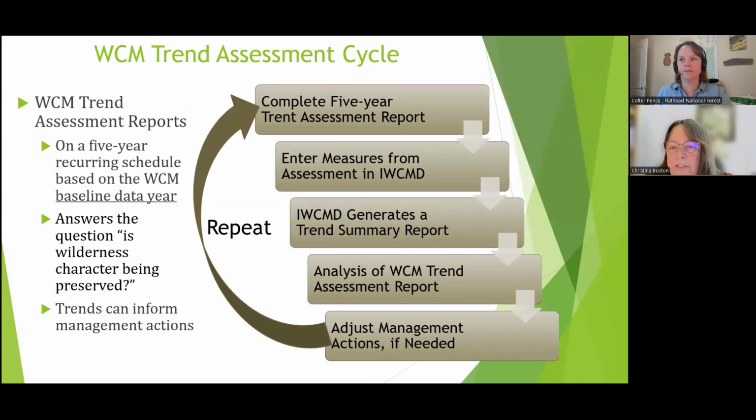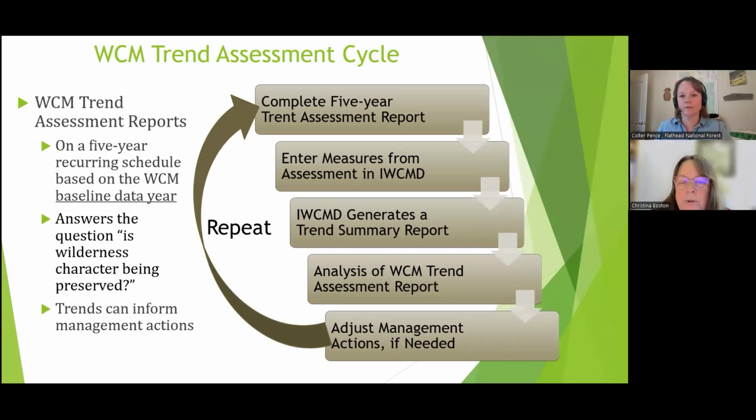I wanted to share this also as a brief refresher. Once you get to the end of implementation, to the 10-point or trend assessment report stage, then you enter into a recurring cycle of trend assessments every 5 years. That's what's represented on this chart.